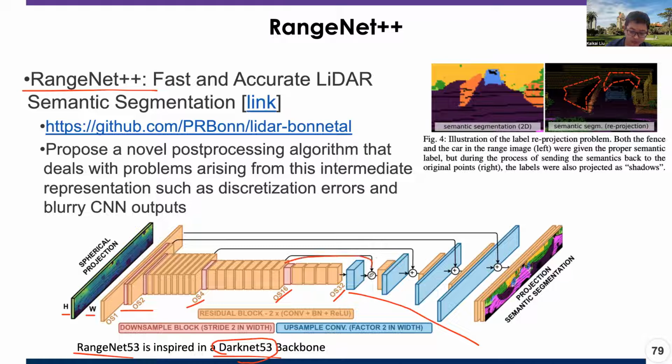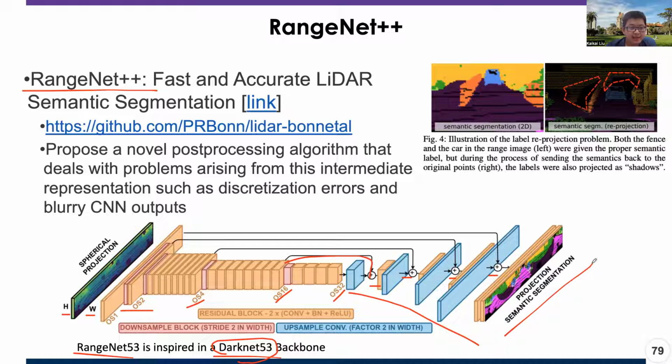This feature can be added into here, then together to the upsampling, and other lower features can be added to here. Then finally, you have the segmentation results. So this is one contribution: they change the backbone, utilizing the idea from Darknet.